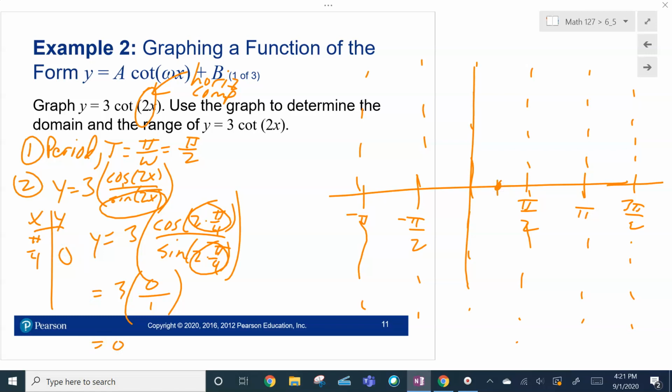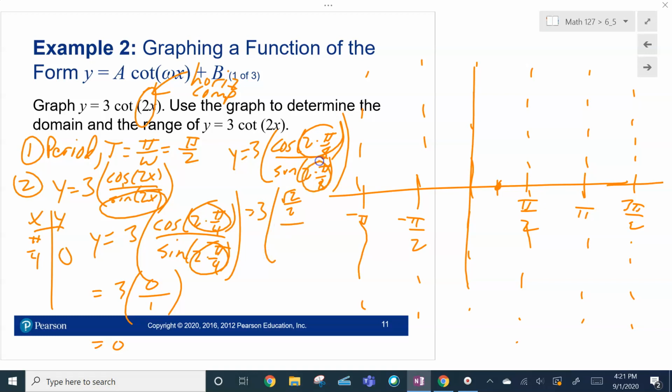So pi fourths gives 0. I could plug in pi eighths, and now I've got cosine of 2 times pi eighths over sine of 2 times pi eighths. So that's cosine of pi fourths, which is root 2 over 2, over sine of pi fourths, root 2 over 2. So I get 3 times 1, which is 3. When I plugged in pi eighths, I got 3. So pi fourths is 0, pi eighths was 3. Anyways, I keep going, but this is going to look like this cotangent function.